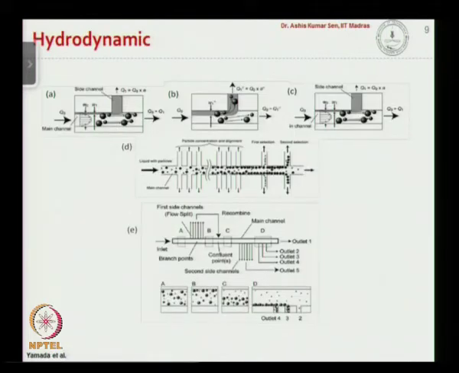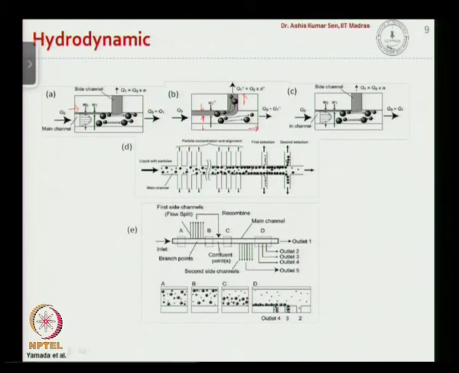Next we talk about the hydrodynamic technique. In the hydrodynamic technique, the particle mixture comes from the channel here, and if you can adjust the flow rate ratio of this branch channel to this main channel such that the stream width here, okay, the stream width that is escaping into the side channel is greater than the radius of the largest particle that is present in the sample, then most of the particles will get into the side channel. Okay.